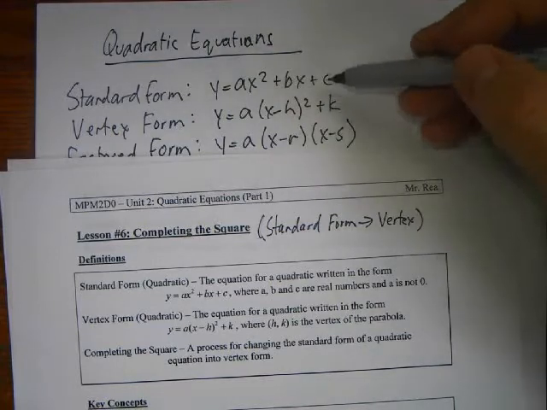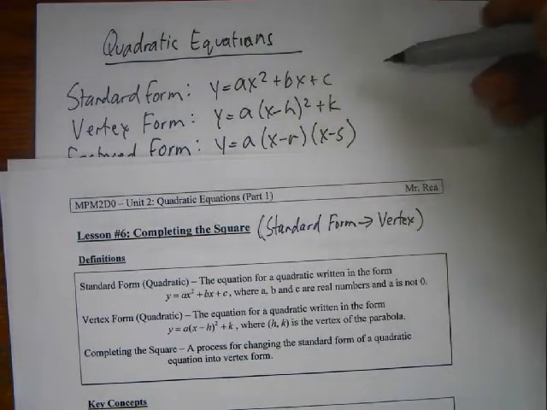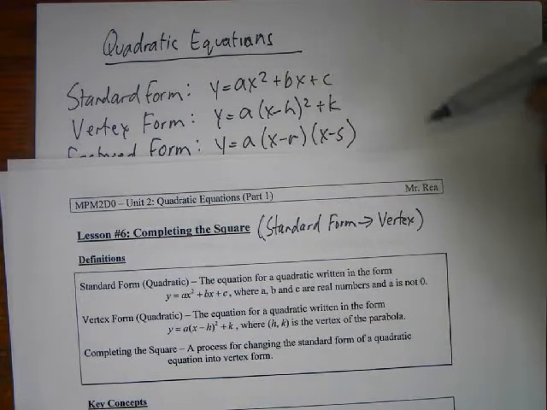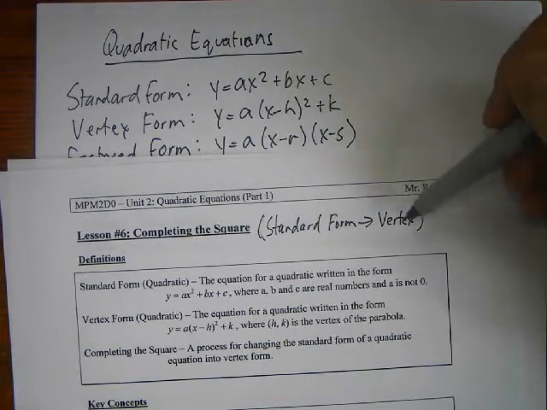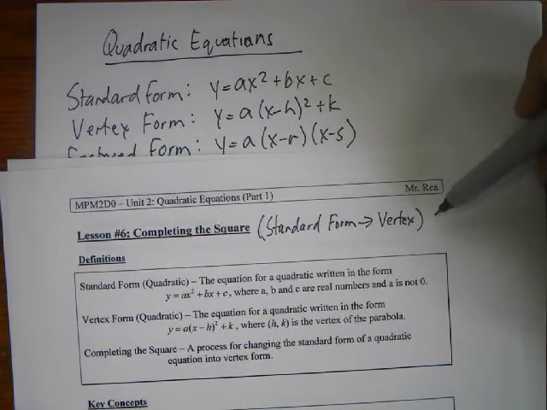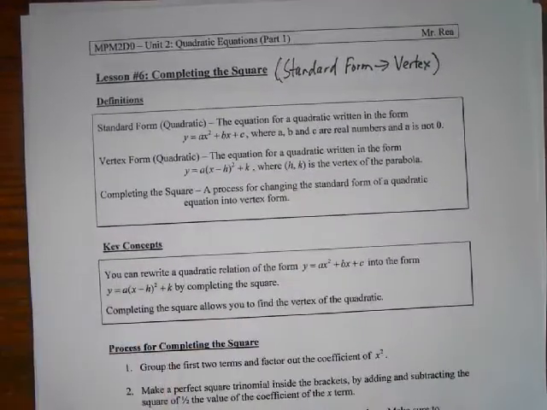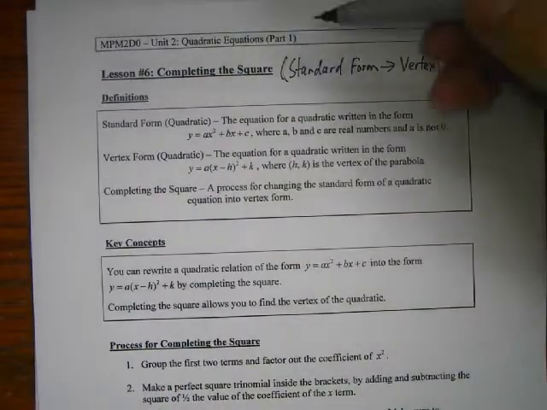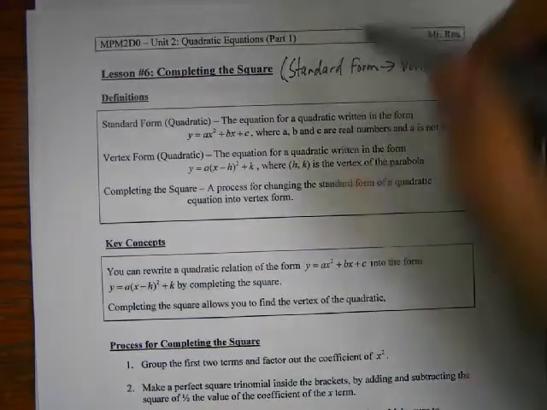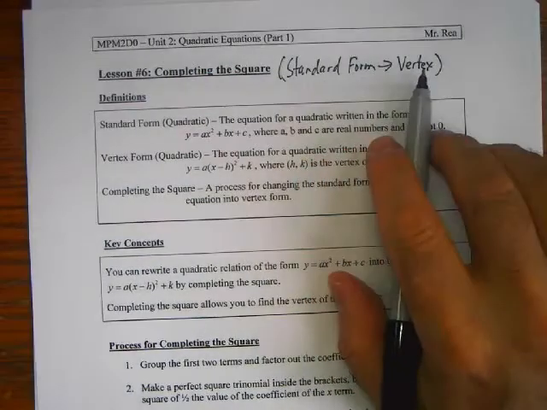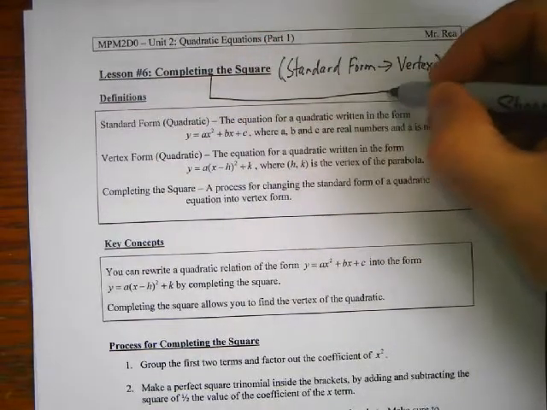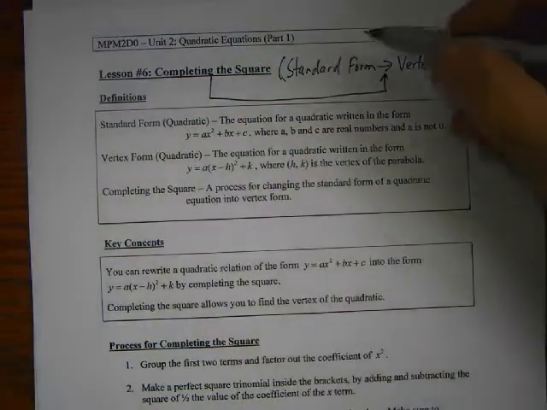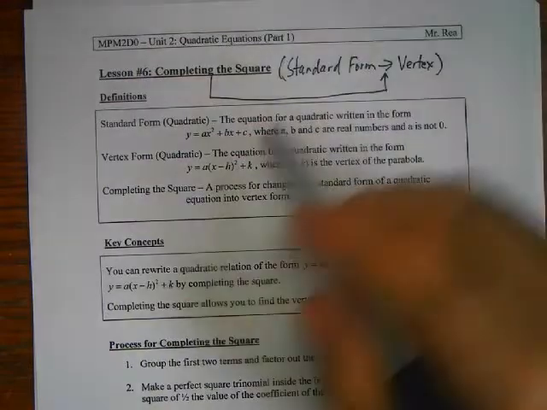I mean, we could plug in some points and come up with a graph, but if I asked you what's the vertex of an equation in standard form, we'd be hard pressed to know what it is unless you can do this process. So that's what we're going to be doing today. The actual process of converting from standard form to vertex form is called completing the square. That's what we do to go from one to the other.